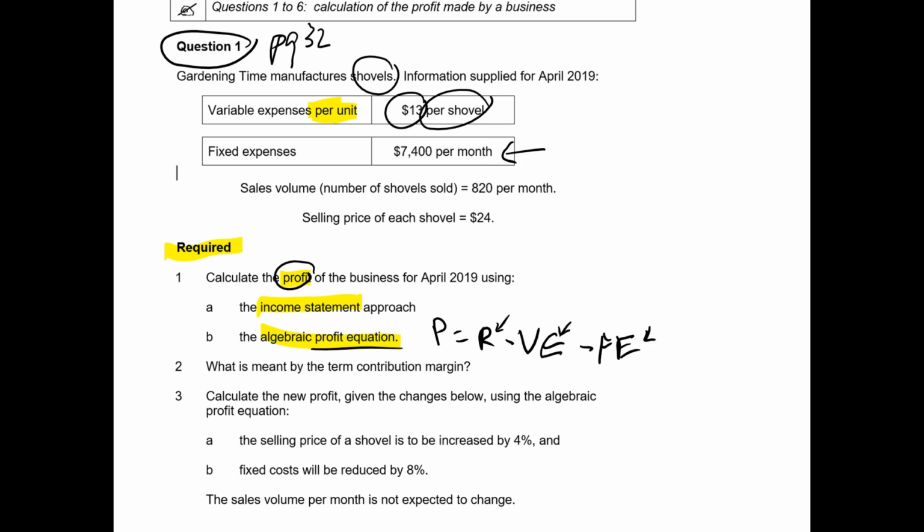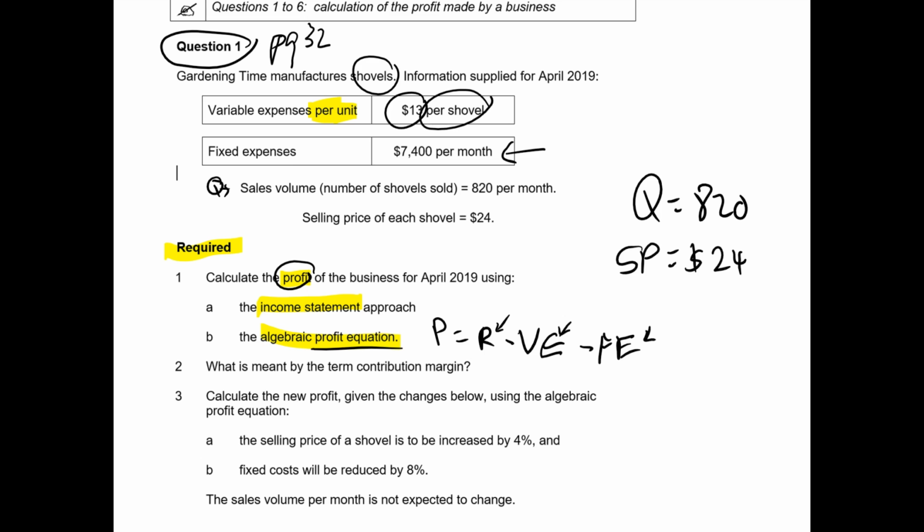The sales volume, also known as the quantity, is the number of shovels that you have sold. Your quantity is 820 for 1 month, and the selling price is $24 per shovel.